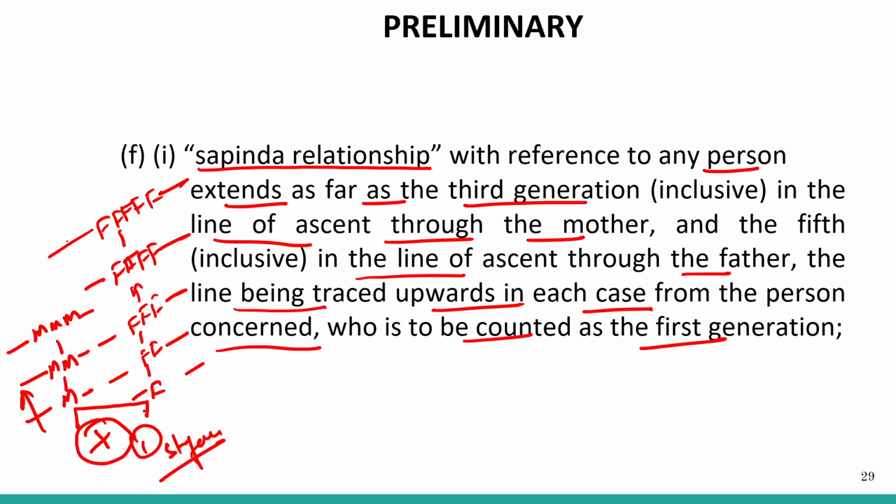So now these are 5 lineal descents, 1, 2, 3, 4, 5. So if there is any relation from the father, then that person cannot marry.